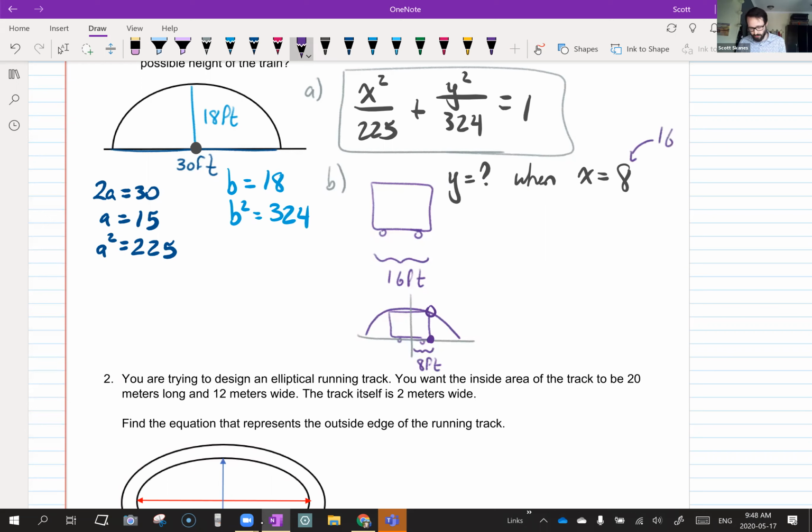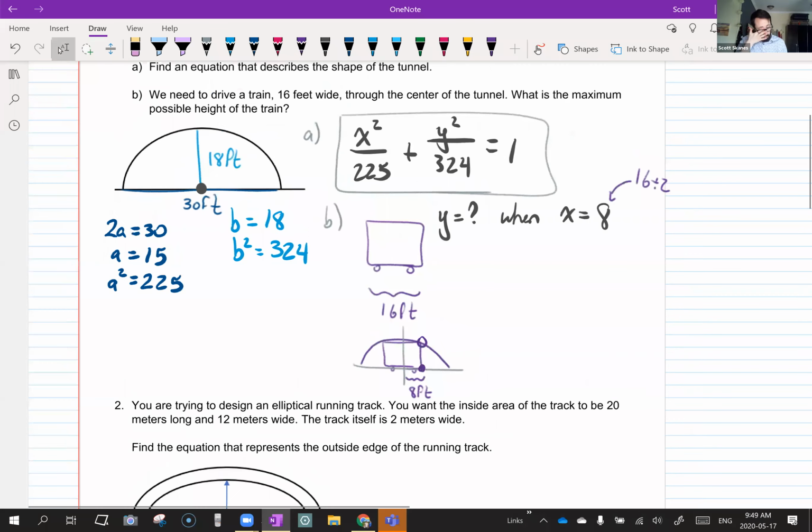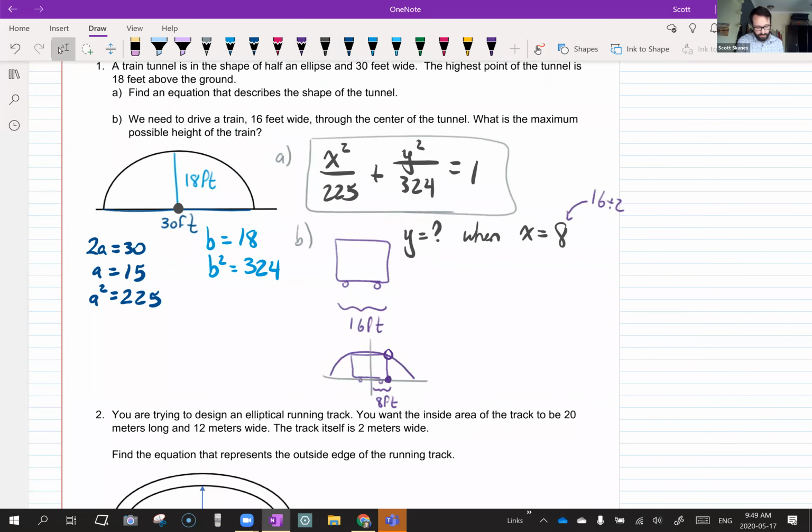The 8 is 16 divided by 2. We have the width of the train. It's going to go straight through the center of this. We just check a point on the side, which is 8. What's the maximum possible height that the train can be and still pass through? So put it into the equation.